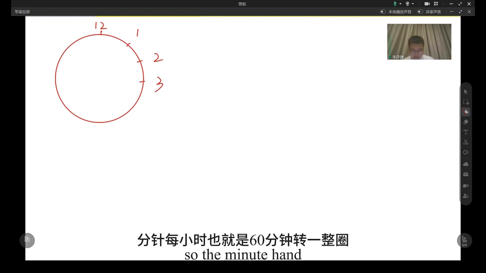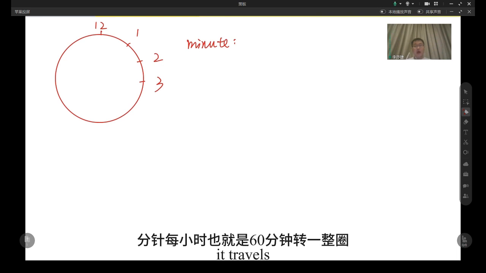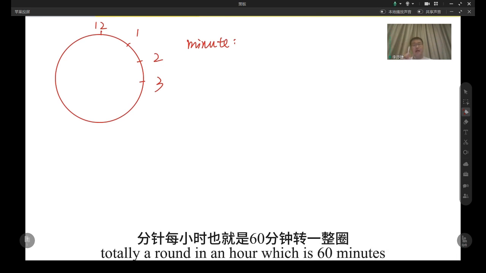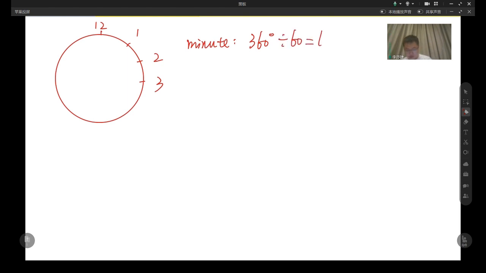So the minute hand travels totally around in an hour, which is 60 minutes. So its speed is one circle, which is 360 degrees, divided by 60, which is 6 degrees per minute.